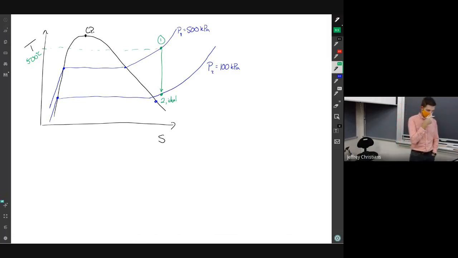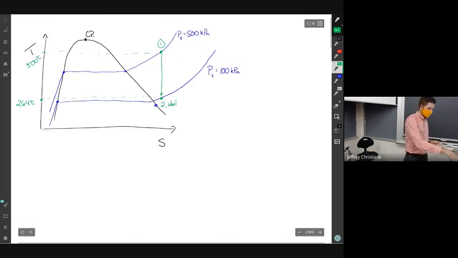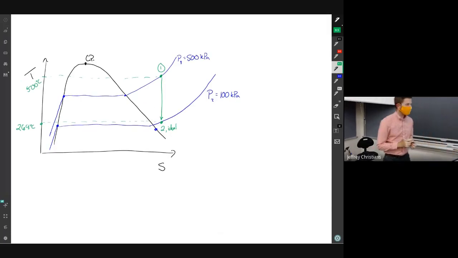If we take this point back to the y-axis, this temperature was 264 degrees. So we're going from 500 kPa and 500 C down to 100 kilopascal and 264 degrees.